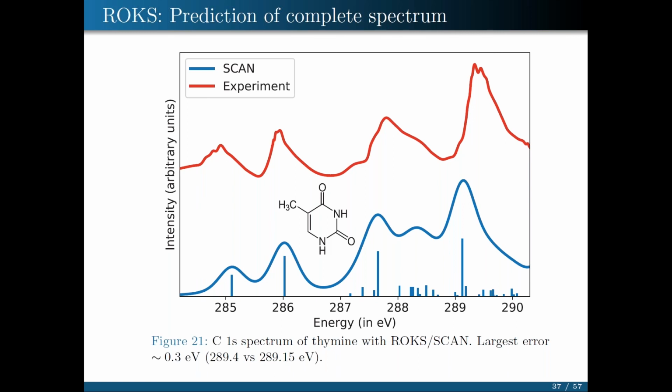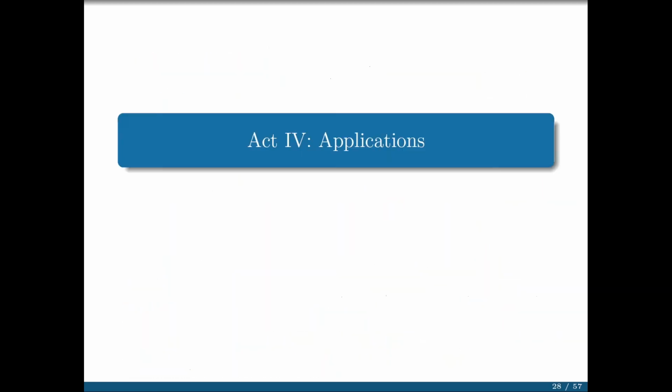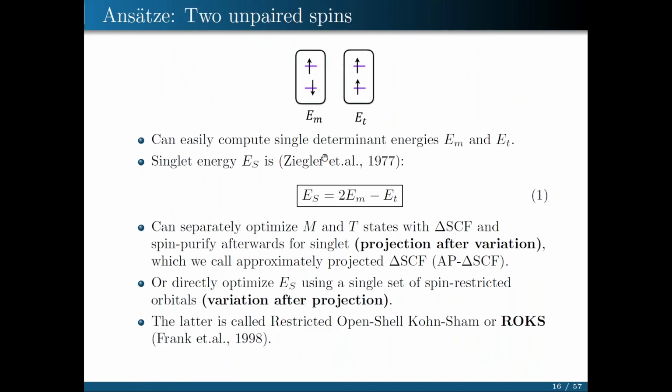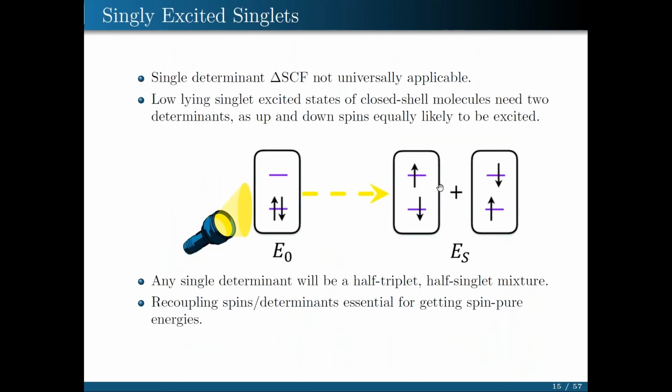For ROKS, it would just be an equal linear superposition of these two states. And once you have this state converged, you can just compute the transition moment between this two-determinant excited state fake wave function and this ground state Kohn-Sham determinant. And that would give you a transition dipole.